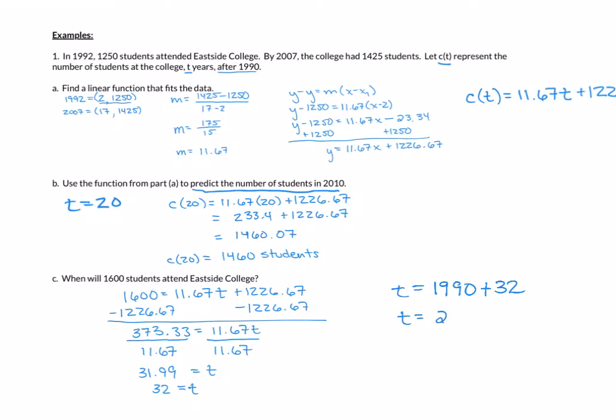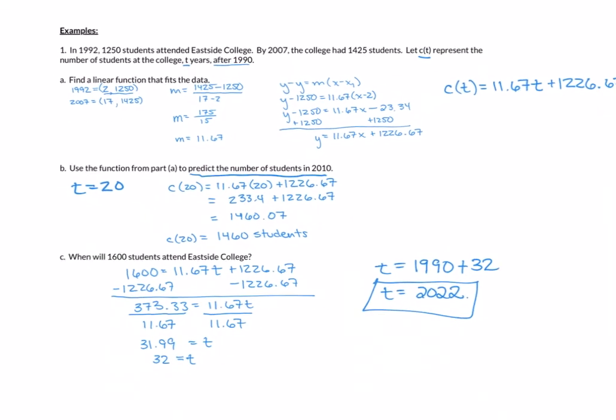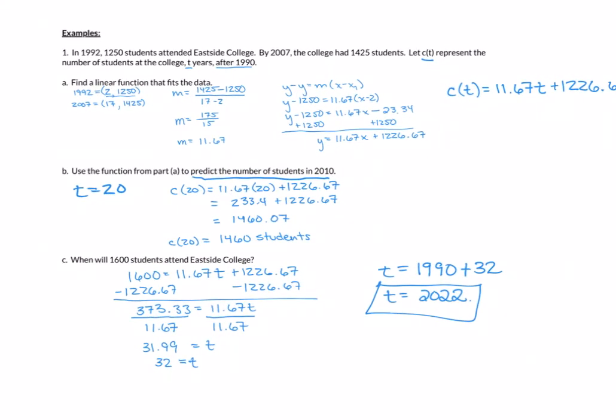We should get 2022 for our final answer. So make sure that you pay attention when you're talking about these problems involving years after a certain year. You do need to do a little bit more computations in order to find what year something occurs.